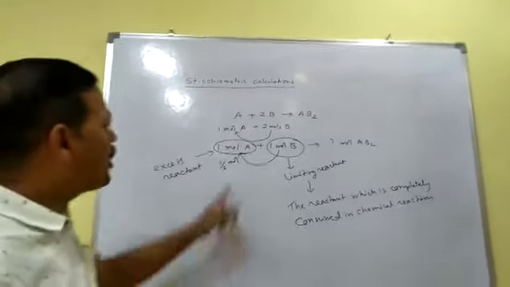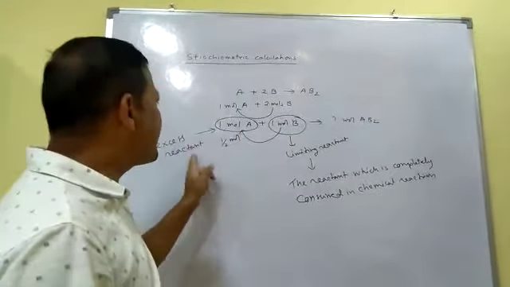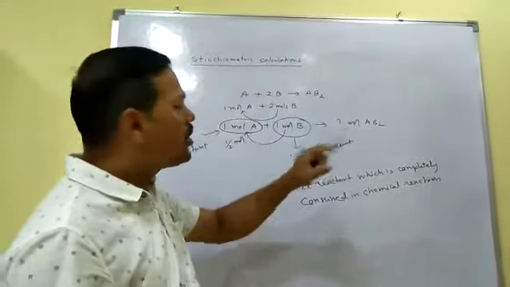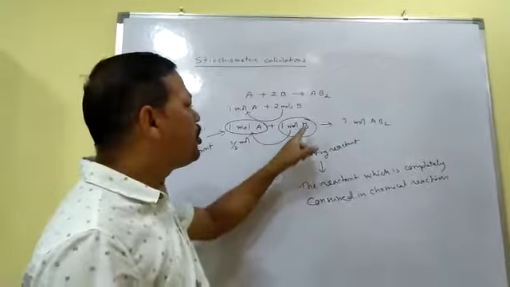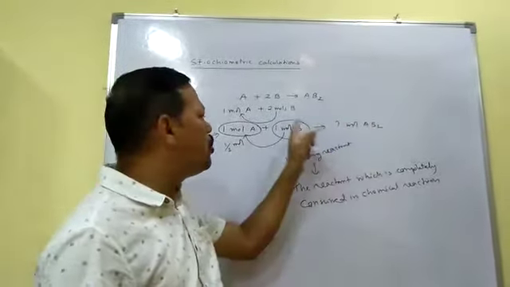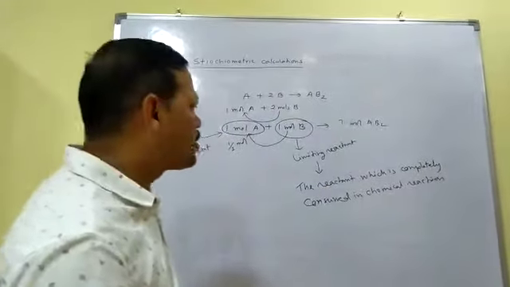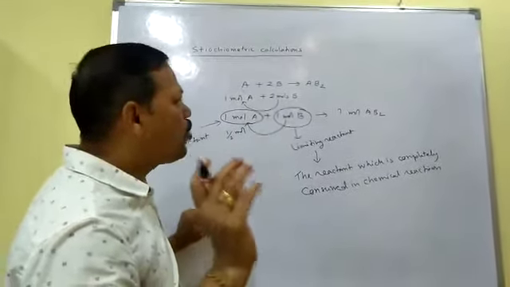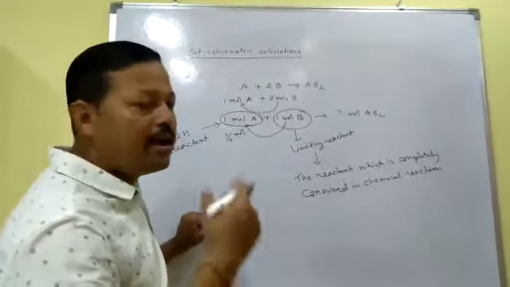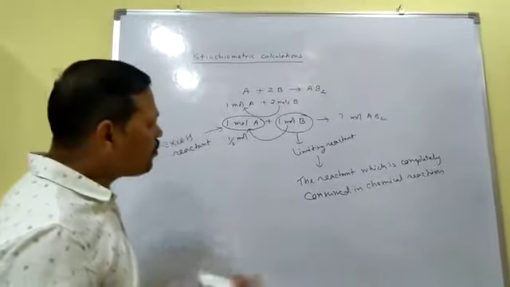So if you calculate from A, since A is excess, your answer will be wrong. Since B is limiting here, you have to calculate the amount of AB2 only from B.